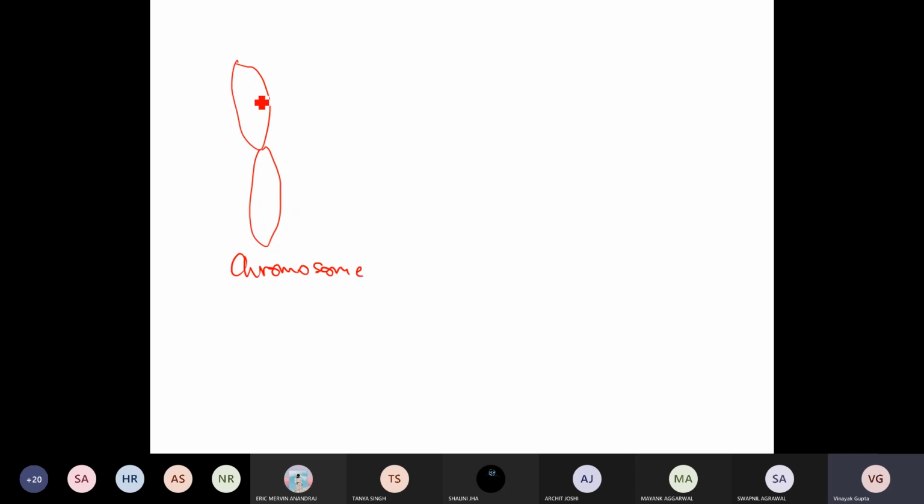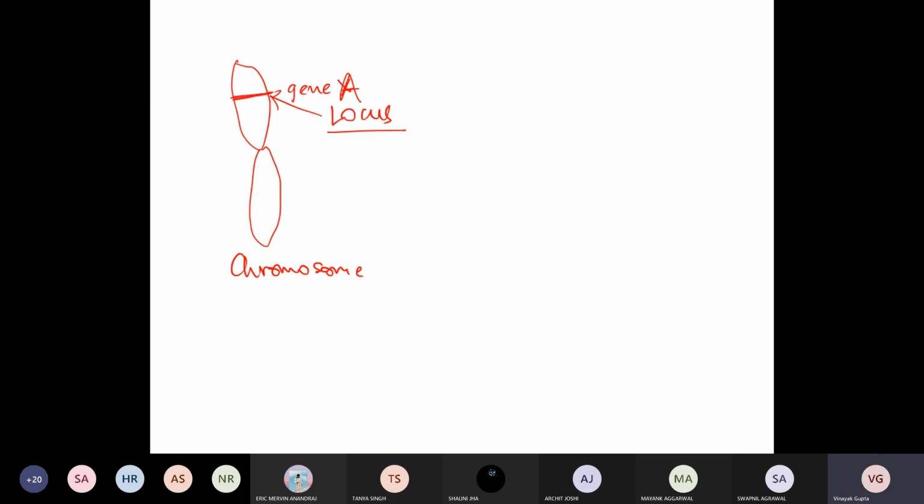So the location on the chromosome where a particular gene is present, let's say the gene responsible for height, or simply gene A, is called the locus.